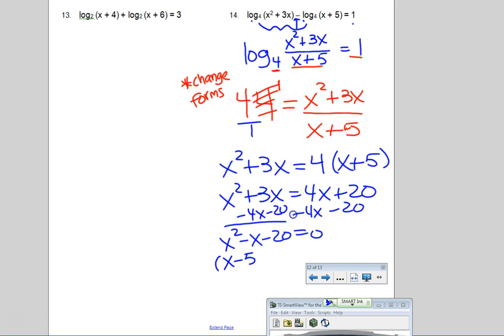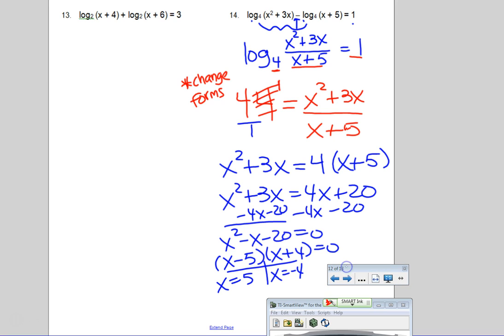Factor. And then check to make sure neither answer makes a 0 for log. So 5 and negative 4.